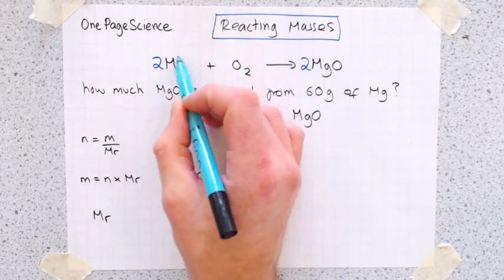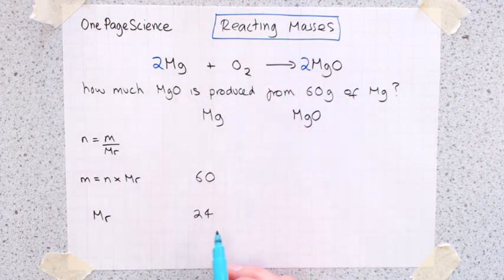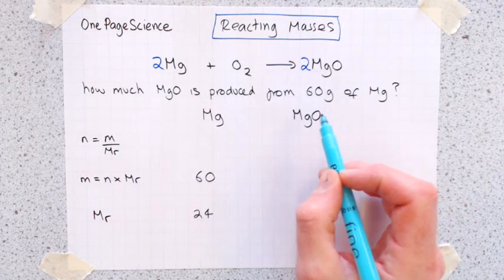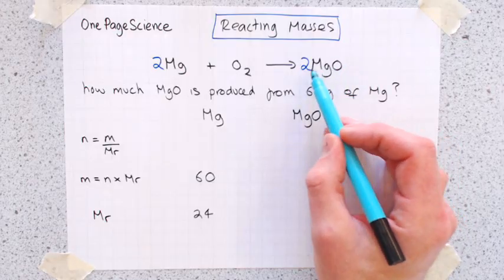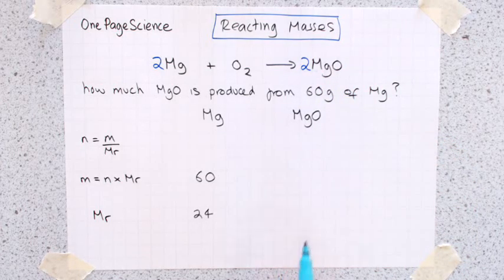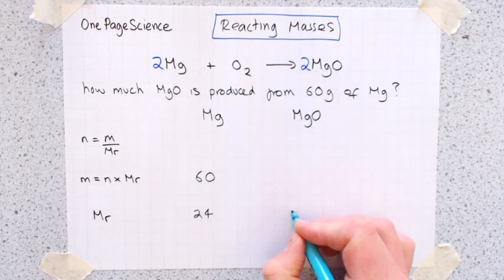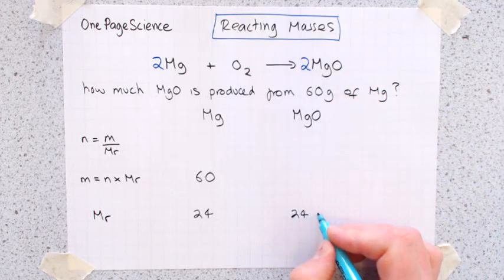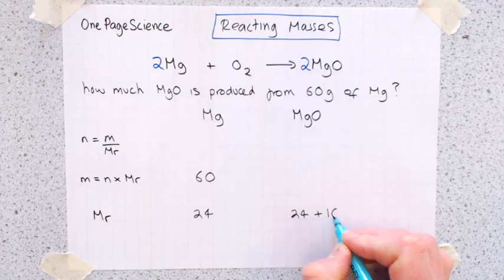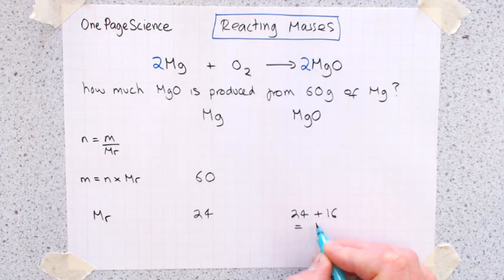It's just for a single particle. For magnesium oxide, magnesium has a mass of 24 and an oxygen atom has a relative mass of 16. Add them together and you get a relative mass of 40.